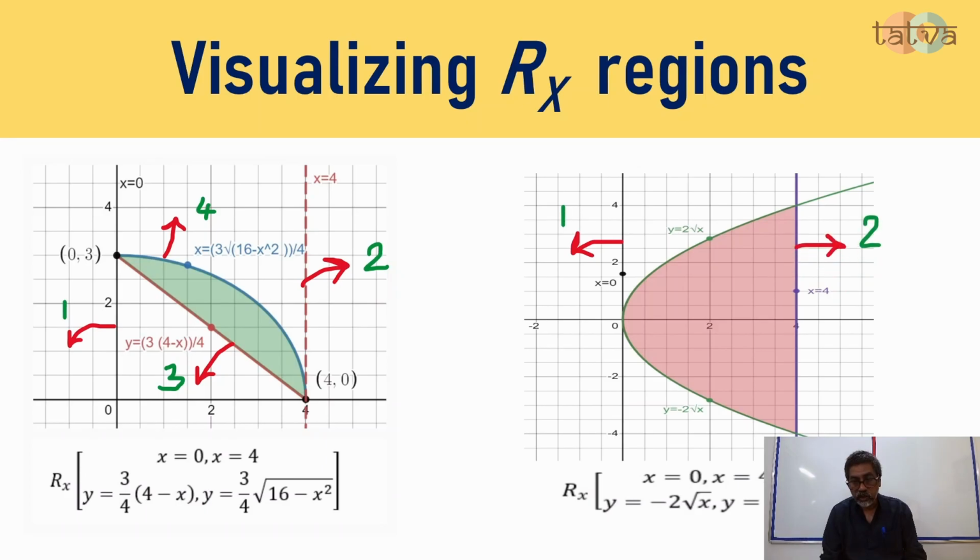Then you can see the lower branch of the parabola, which is the lower curve, and then the upper branch of the parabola, which is the upper curve. They are not intersecting. So even this falls under the purview of an Rx region definition. So write your x limits first, then the y limits next, with the lower curve coming first and then the upper curve coming next.